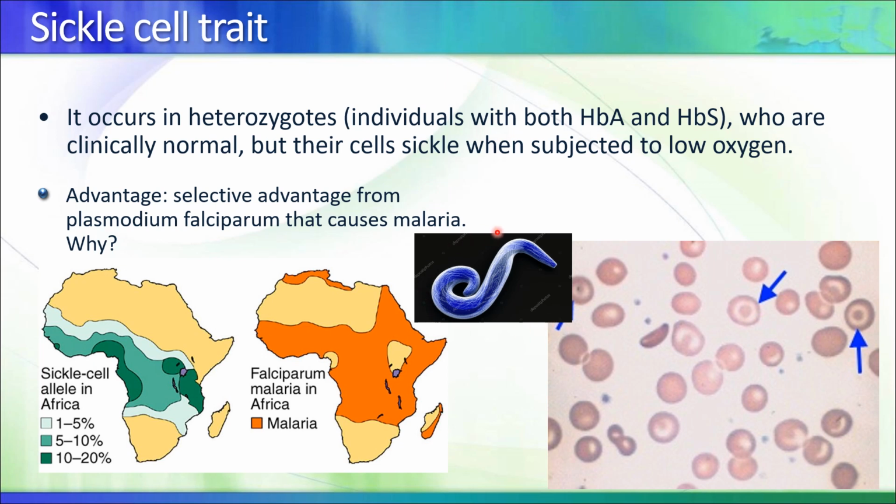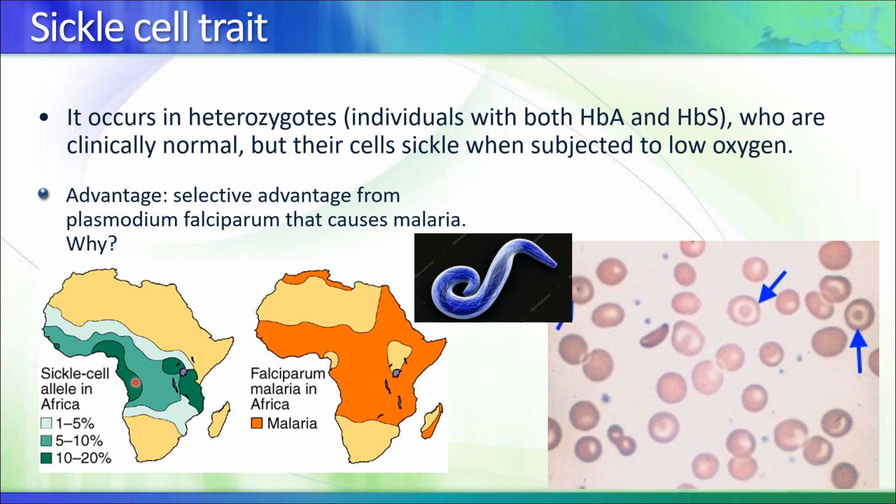Now, the reproductive duration of malaria is about 60 days, and malaria infects red blood cells. So having a lower half-life of red blood cells would prevent malaria from completing its growth inside cells. So these individuals are resistant to malarial infection.